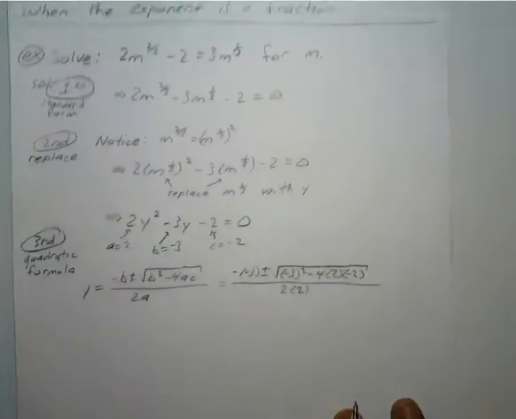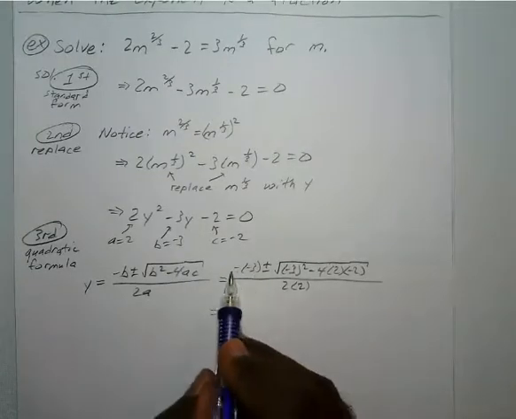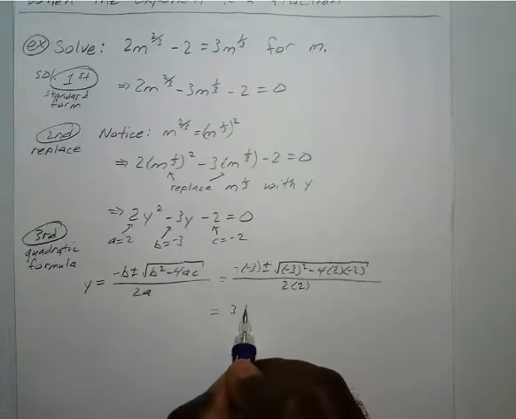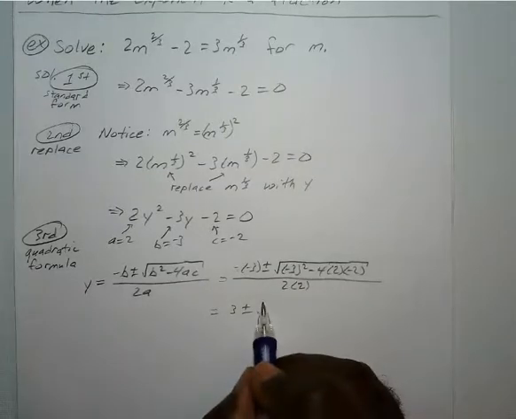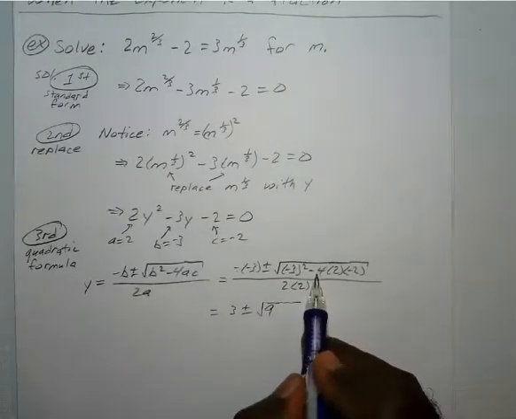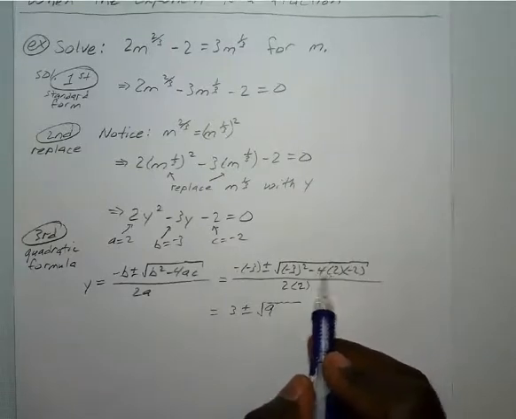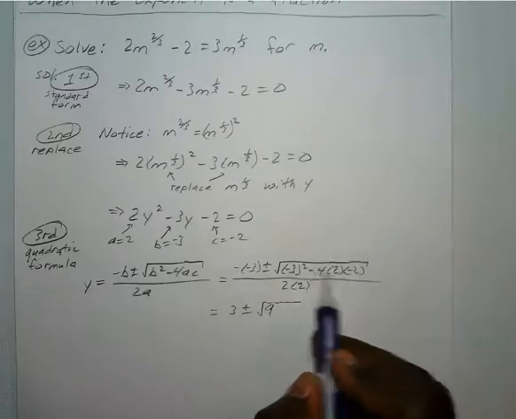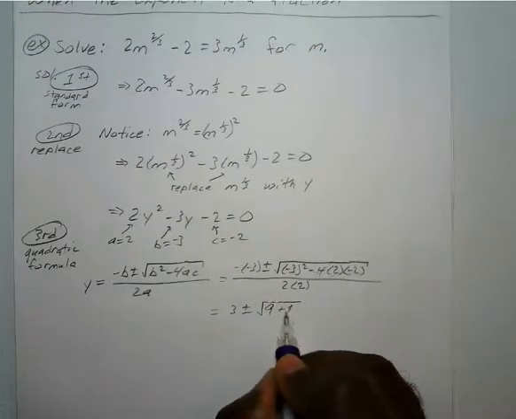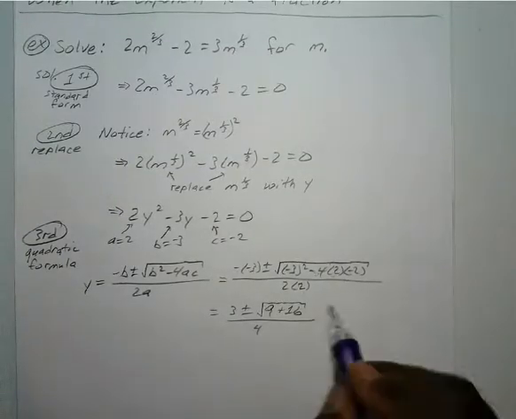Let's simplify this a little bit. We have -3, so that's +3, plus or minus the square root of -3 squared, so that's 9, minus 4 times 2, which is 8, times -2 is -16, so minus negative is plus 16, over 2 times 2, which is 4.